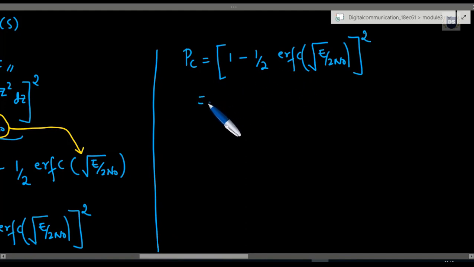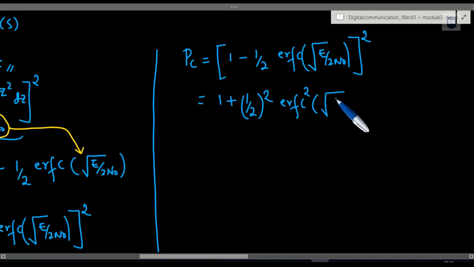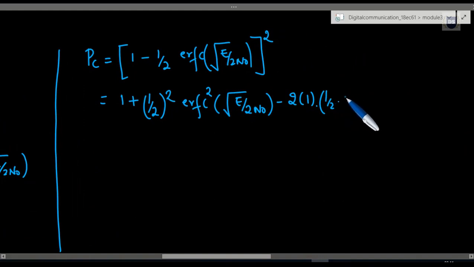If I expand this expression, I get 1 square is 1, plus b square is 1 by 2 square, complementary error function square of square root of E by 2N naught, minus 2 times, where a value is 1 and b value is 1 by 2 into the complementary error function of square root of E by 2N naught.